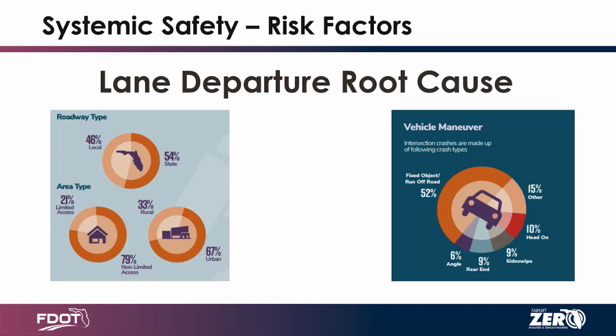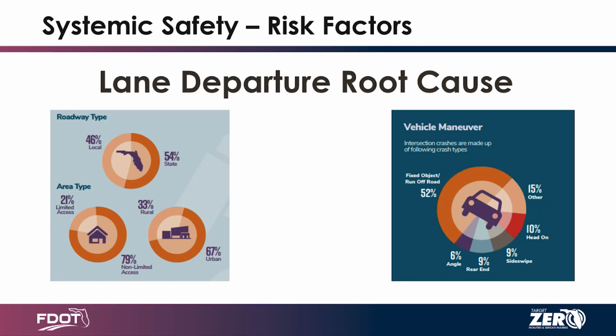When we start breaking down the root cause analysis, and we'll go into this in the actual lane departure session as well, it's just general information about what's going on. Fixed object run off the road is the biggest contributor. Basically, we went off the road and we hit a tree, we hit guardrail, we hit whatever the guardrail needed to be there to protect. Had 10% head-on collisions, 9% are side swipes, 9% rear ends.